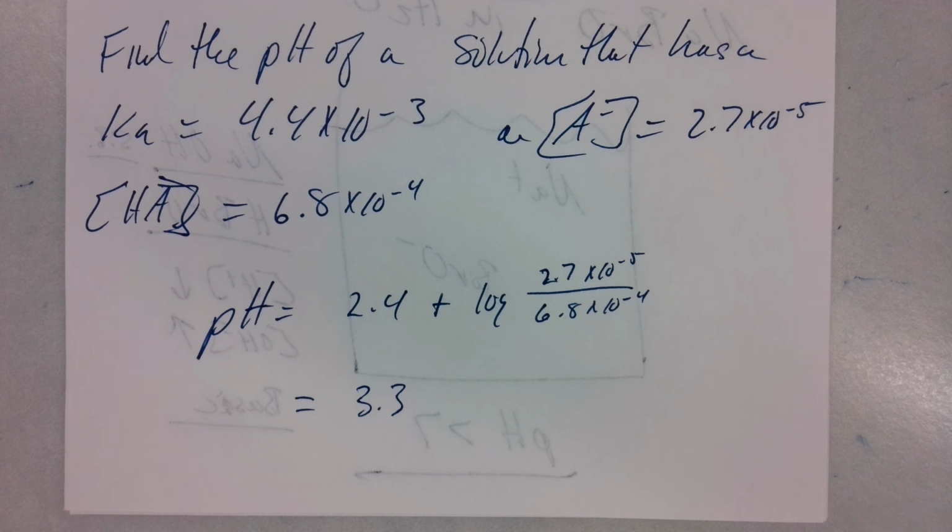Should Mr. Denton do this? So we're going to take the negative log of 4.4 E negative 3, enter, plus the log of 2.7 E negative 5, divide 6.8 E negative 4, close my parentheses, enter. Well, that ain't right.